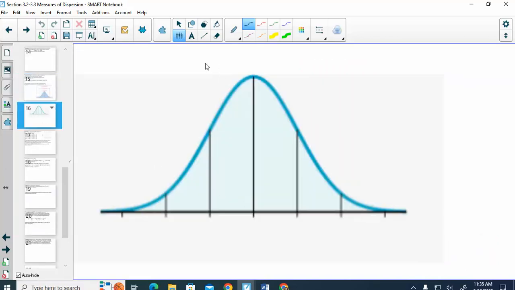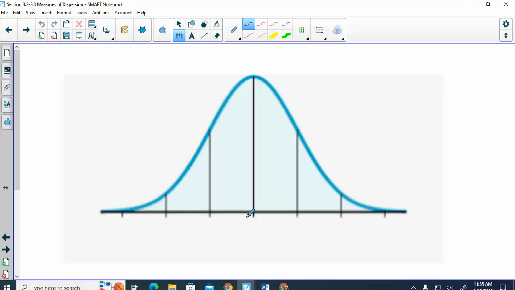So what that means is if I have a set of data, and let's say the mean is 50 and the standard deviation is 5. So here's my mean, the center. So we know in bell-shaped data, the center is the mean. Okay, that one standard deviation would be from here to here.